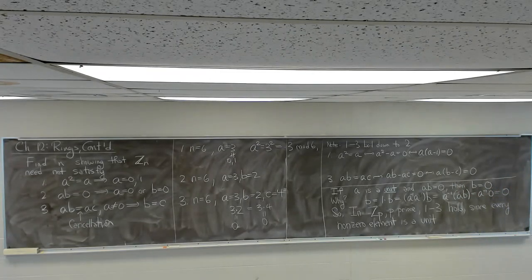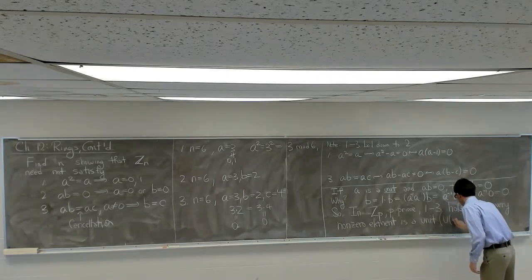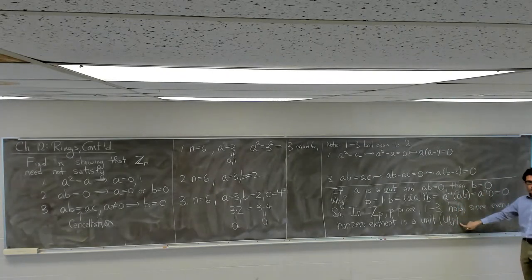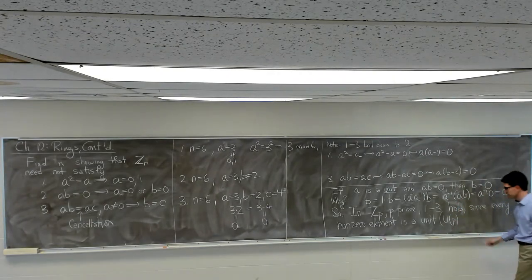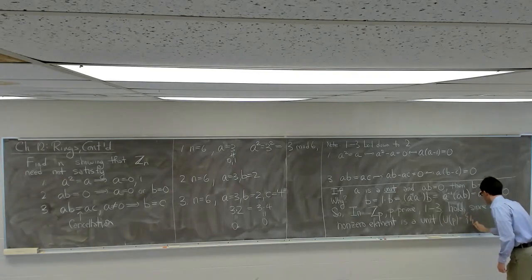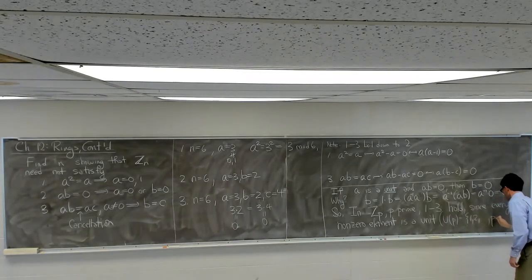So remember, when we're talking about a prime modulus, the units are everything other than 0. So in the integers mod a prime, arithmetic works in the usual way. Okay. Are you with me here? Any questions about what I'm saying here?